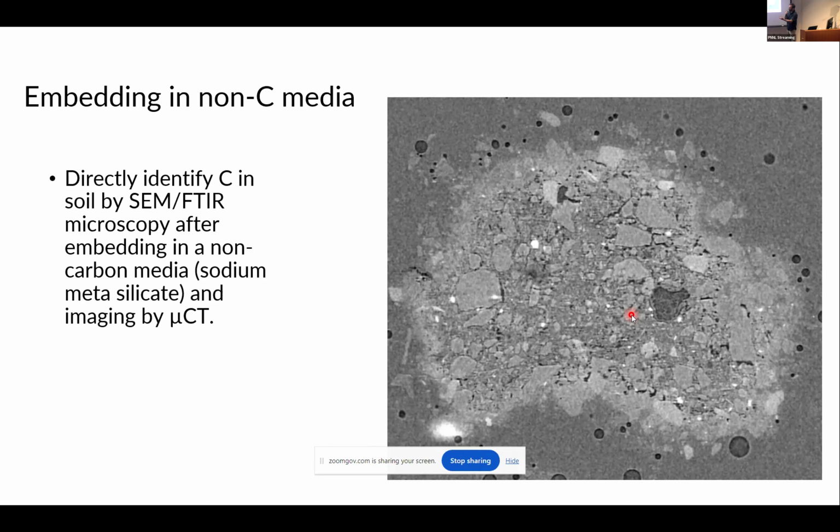One of the problems here is the sodium metasilicate, when it hardens, makes pores that have no contrast compared to the mineral solids around them, right? And you see that we don't even get complete, it stopped on the outside. It didn't penetrate. The silicate didn't go in. So we have very poorly embedded aggregates that were so rough we couldn't do SEM or FTIR microscopy on them. And so this was failed.